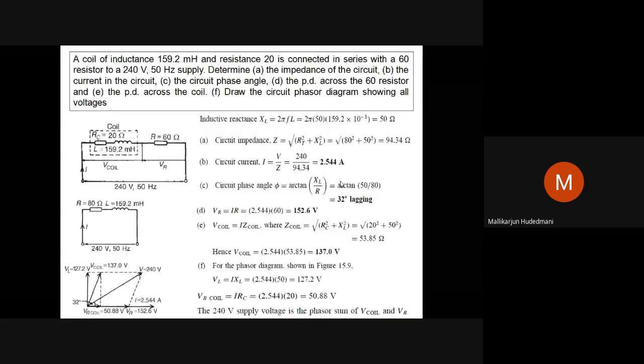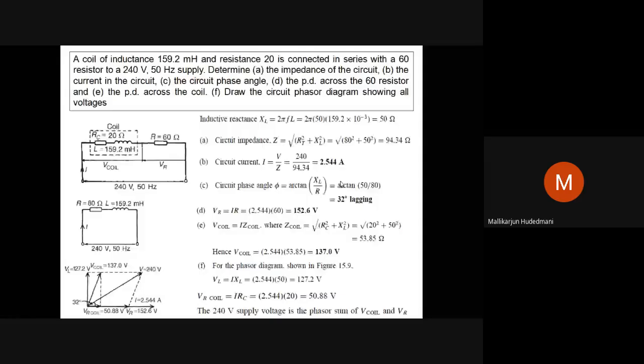Determine the impedance of the circuit, the current in the circuit, the circuit phase angle, the potential difference across the 60 ohm resistor, and the potential across the coil. Draw the circuit phasor diagram.